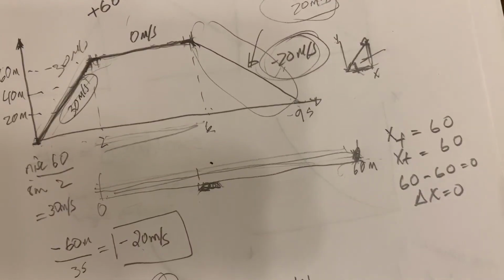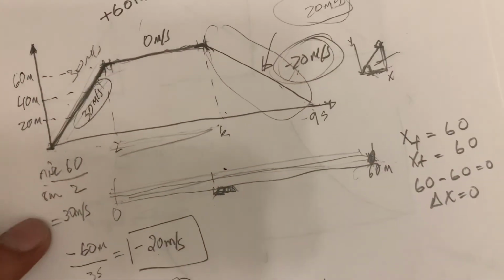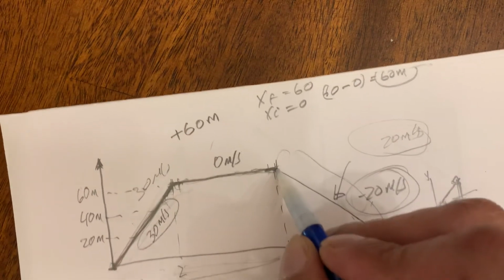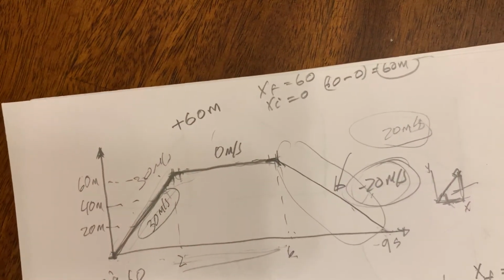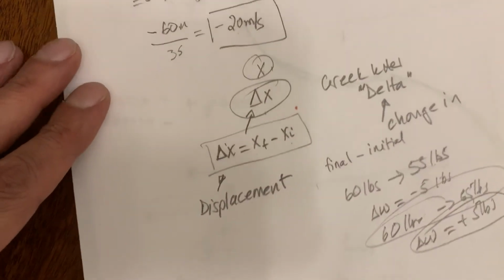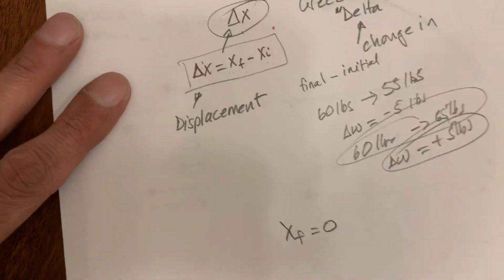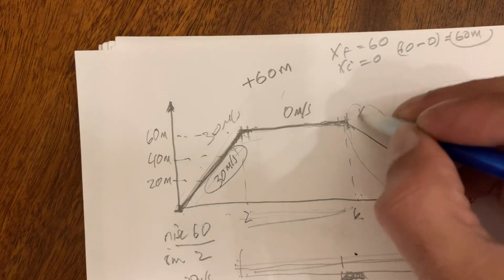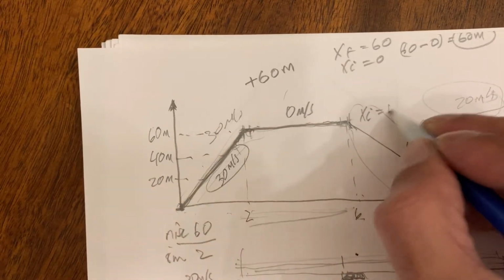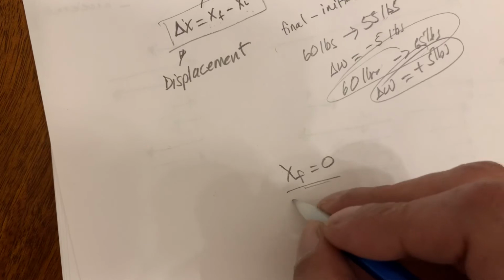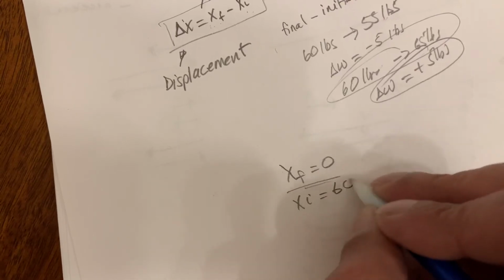Okay. Well, what about here? Oh, let's look at this one. My x final is 0. Okay, my x final is 0. My x initial is at 60.